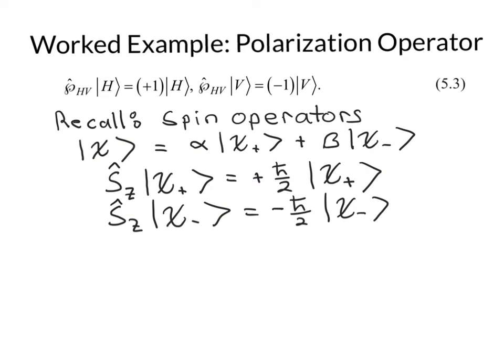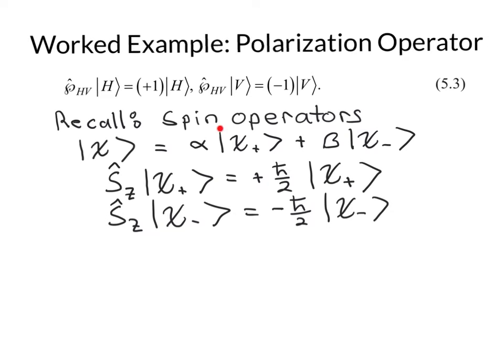Okay, so here's how it worked. When you have a spin one half particle like an electron, the spin state can be written down as a linear combination of the spin up state, chi sub plus, and the spin down state, chi sub minus.